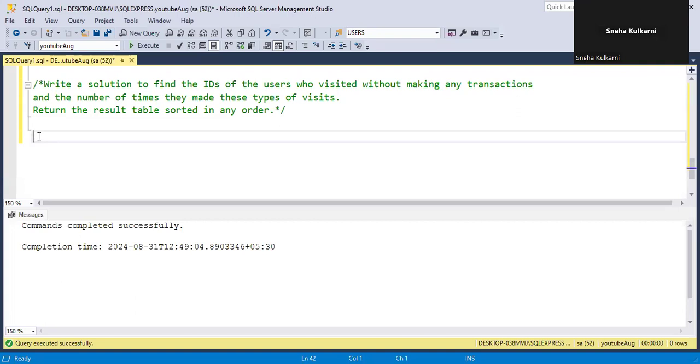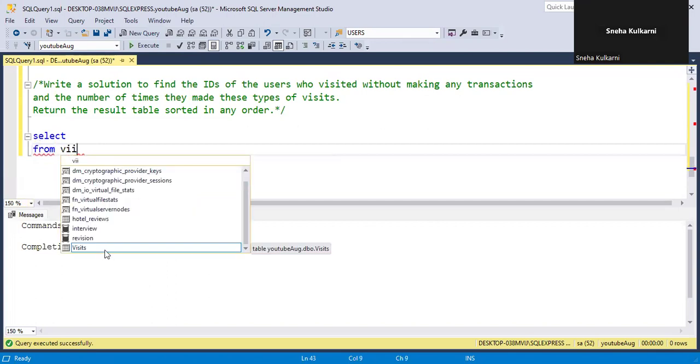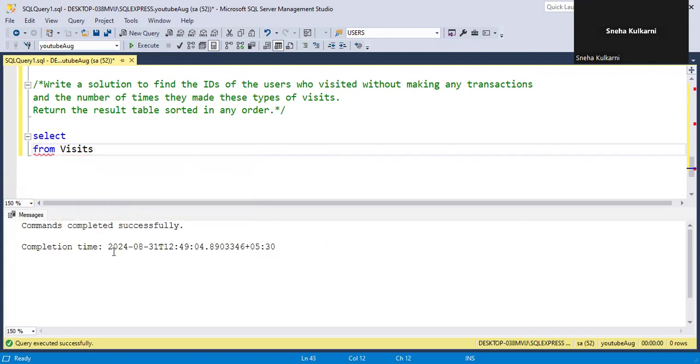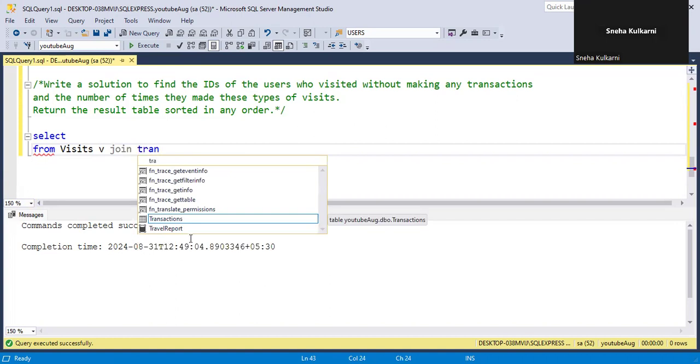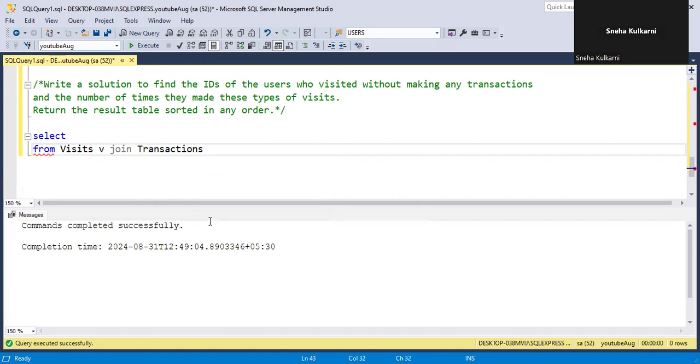First, I will join the visits and transactions tables using the visit ID column, on visit ID.